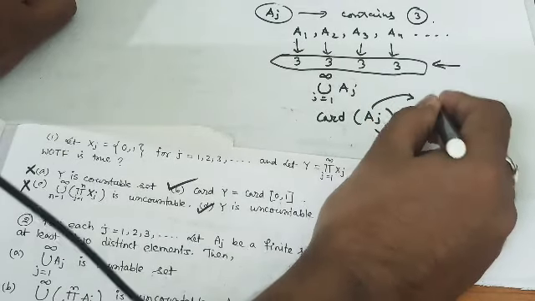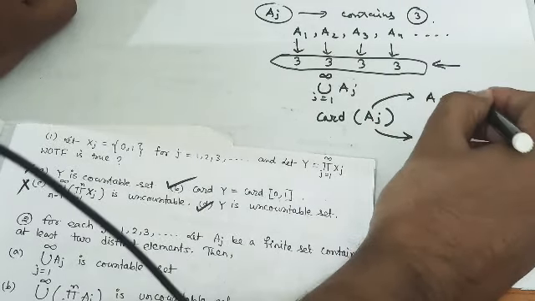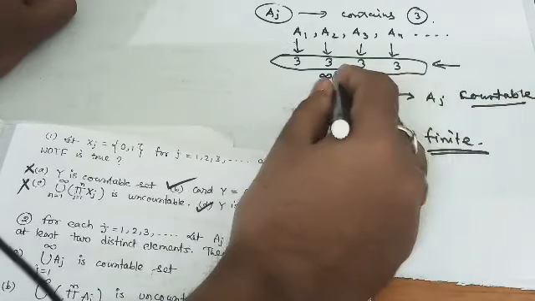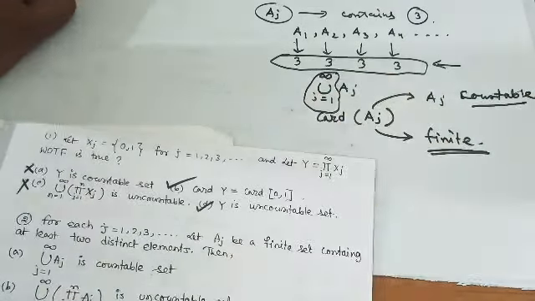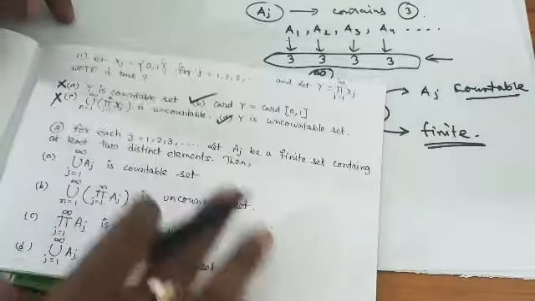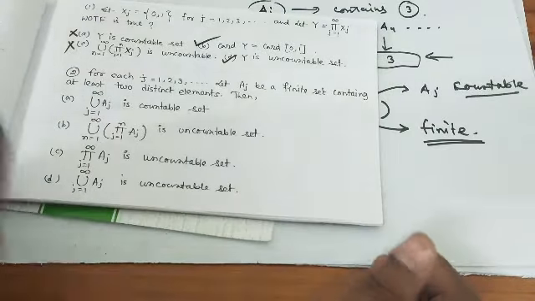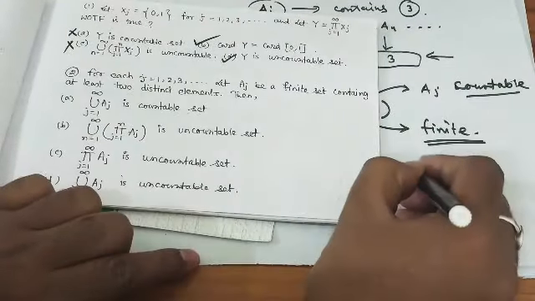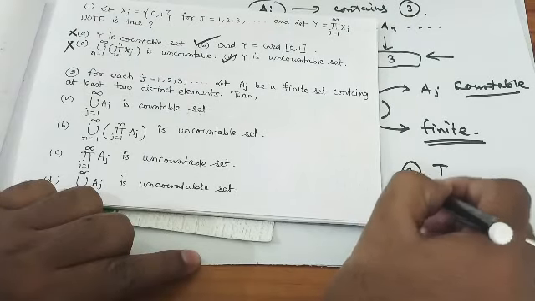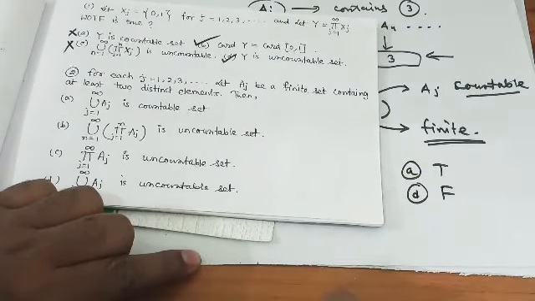So your Aj is nothing but a countable set, and this union is countable. So a countable union of countable sets, what will it be? Obviously countable. Nothing special, just a simple property. So the first option is going to be true, the fourth option false.